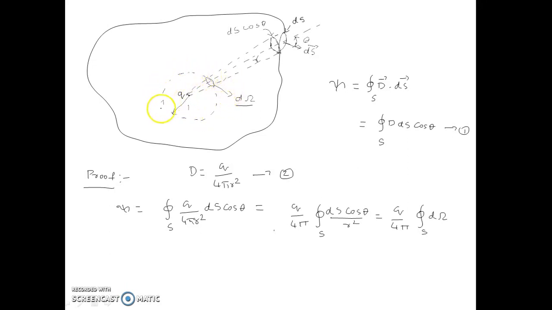So obviously the area of the surface of this sphere is 4 pi. So therefore the total solid angle subtended by this arbitrary closed surface at this point is given by 4 pi. So therefore we have q by 4 pi into 4 pi, which is equal to q. From this we can observe that the net flux which is emerging from this closed surface, that is psi, is equal to the net charge which is enclosed by the closed surface.